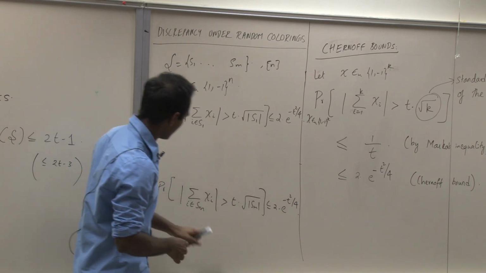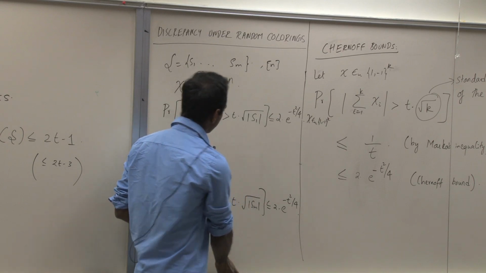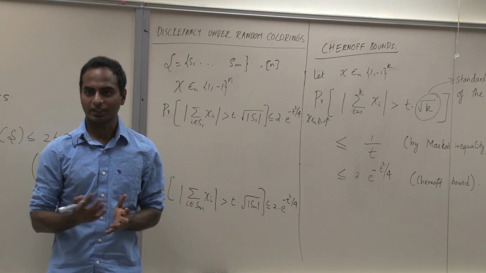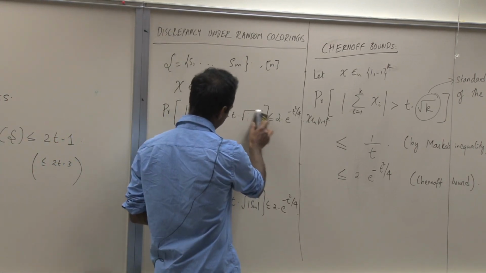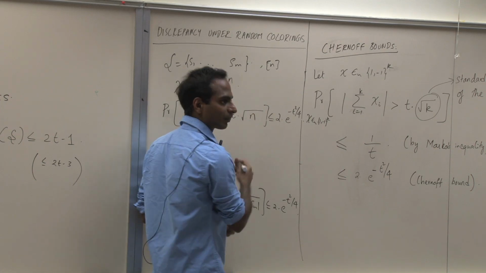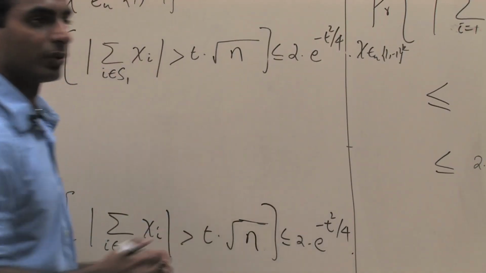Okay. So let me simplify this bound, and since the size of each set is at most n, okay, that's a universal bound because the universe is of size n, I can replace this here with square root of n, okay, and so forth.